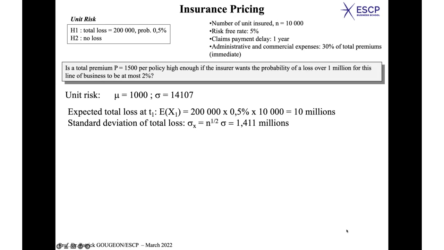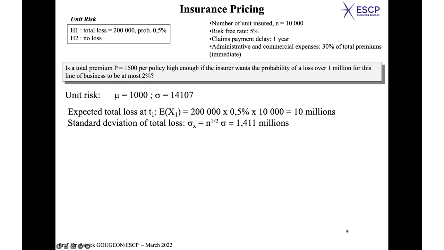Assuming what we have done, we have a standard deviation for each unit, which is 14,107. So the standard deviation for the total loss would be n to the power 0.5 times the standard deviation of each unit. Here again, I'm assuming you understand this.